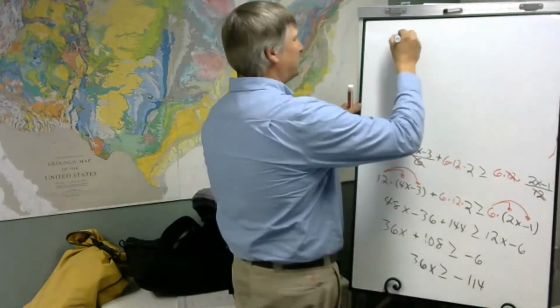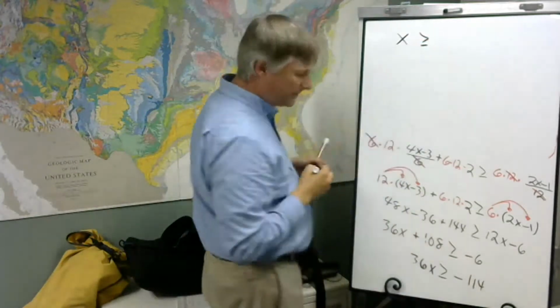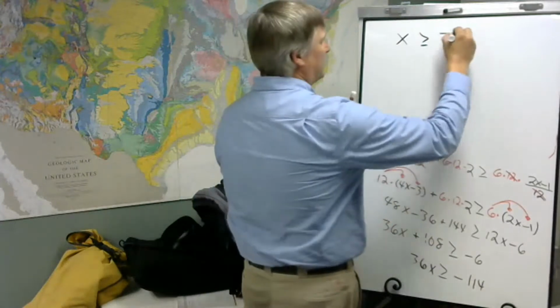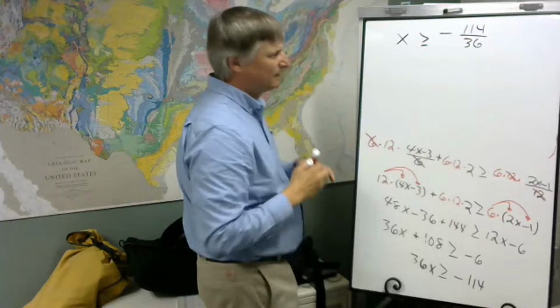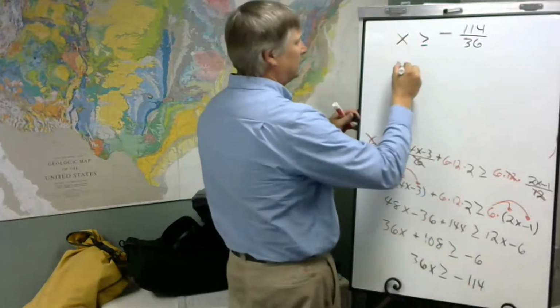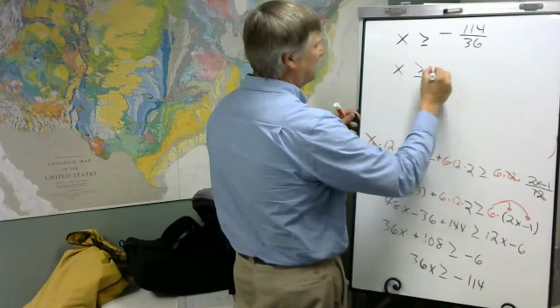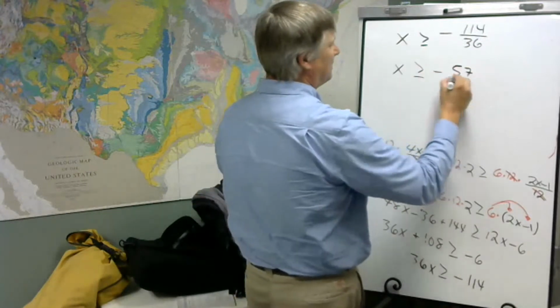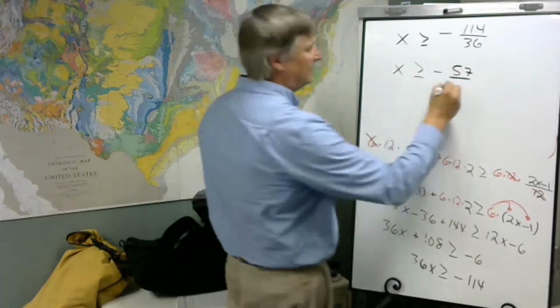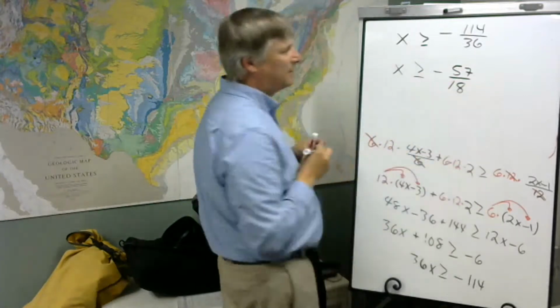So we'll get x is greater than or equal to, well, I just get negative 114 over 36. Let's see, can we reduce that down? Well, they're both divisible by 2. So that's going to be 57 on top and 18 on the bottom.